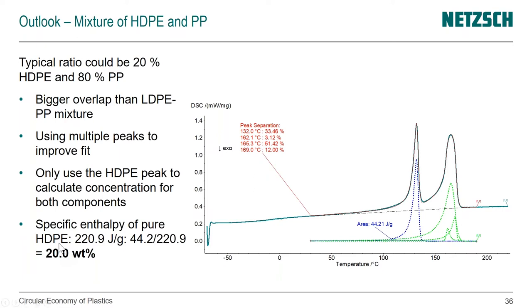We're working with researchers at the University of Ghent and Maastricht, and there are also a lot of publications that are going to come out in the next couple of months. They are focusing on mixing ratios that are more on the boundaries or the edges, where we have very small concentrations of contaminating plastic, and they're looking at techniques to also identify them, for example, with DSC as one of their main tools.